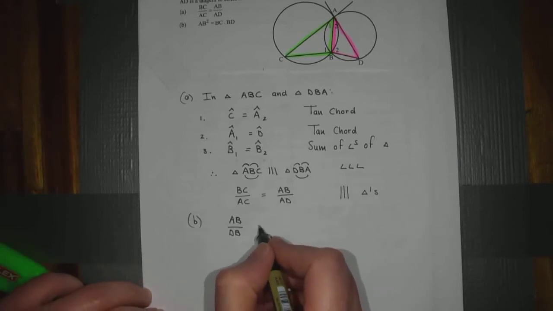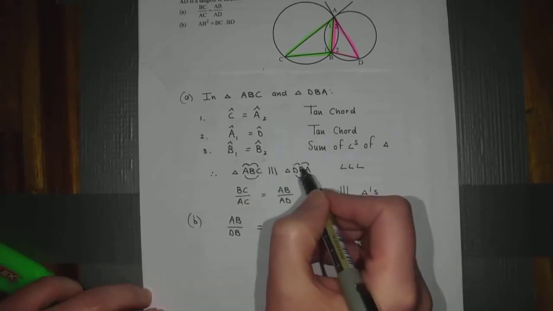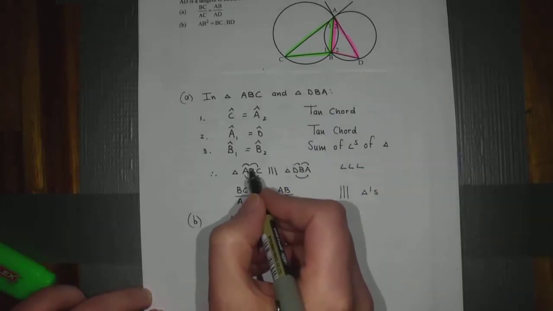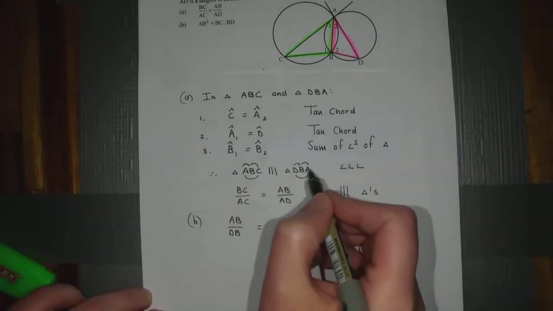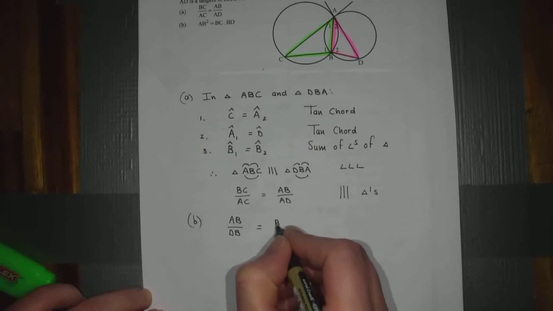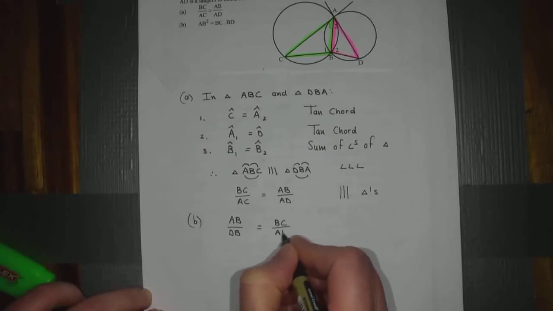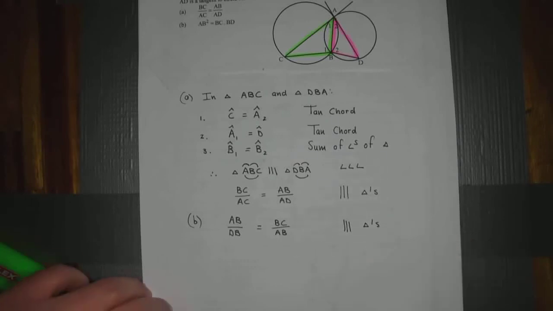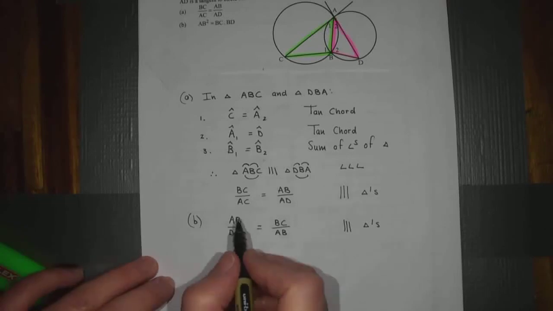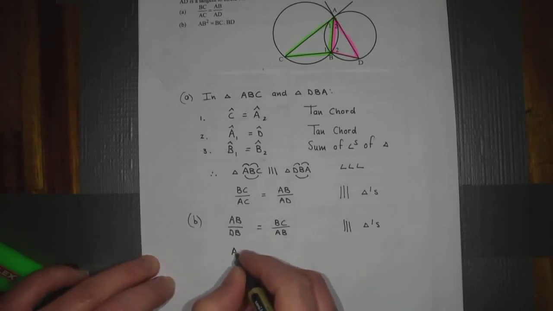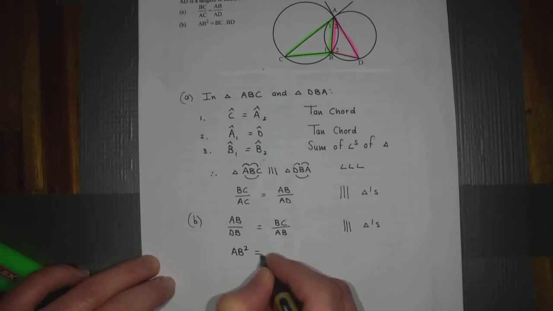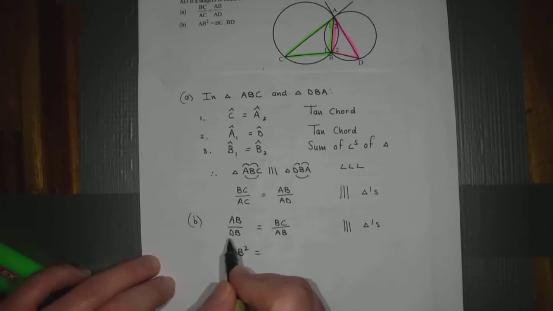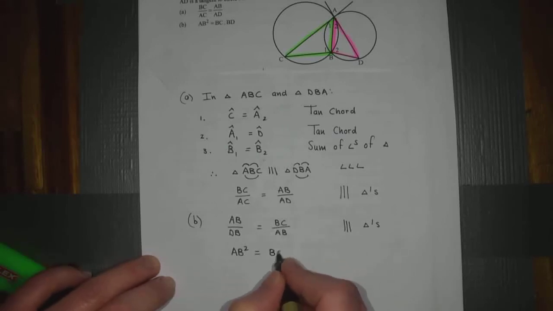That is going to be equal to BC over AB. And I can again just say similar triangles. And then we just cross multiply. AB times AB is AB squared, and that's going to be equal to BC times BD, and I'm done.